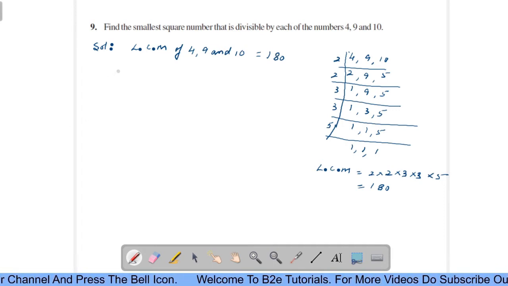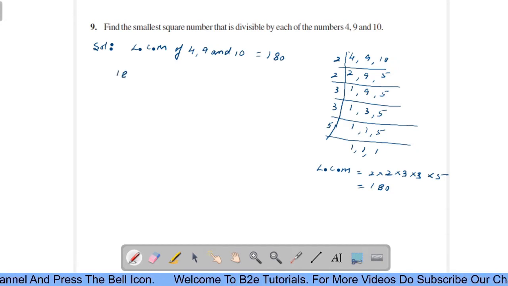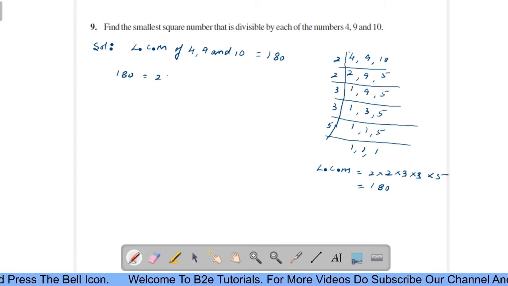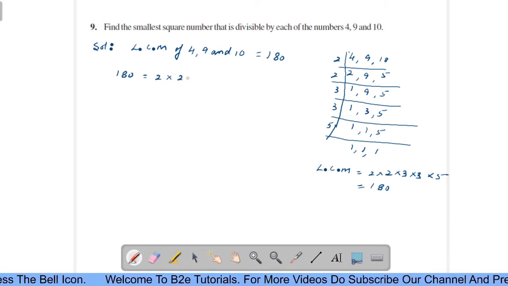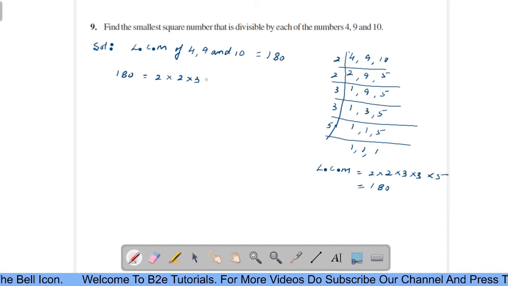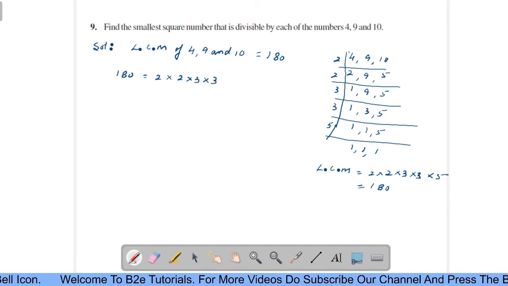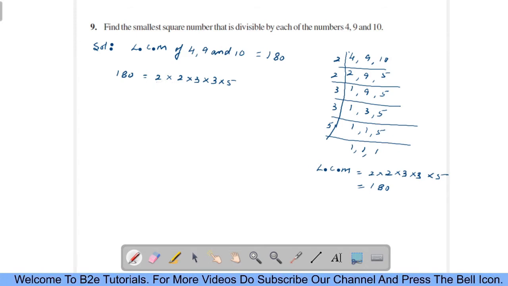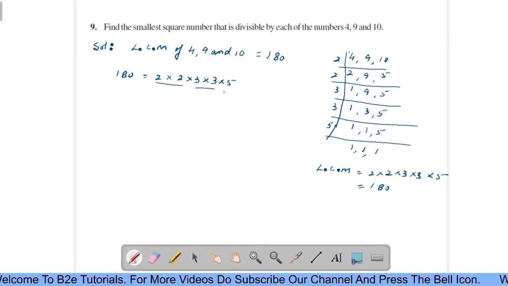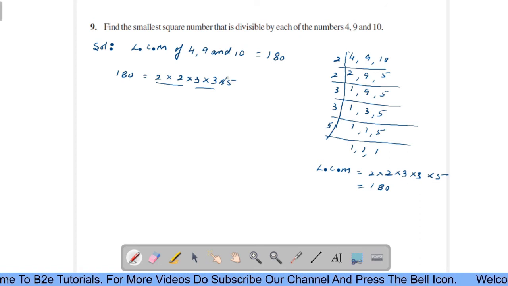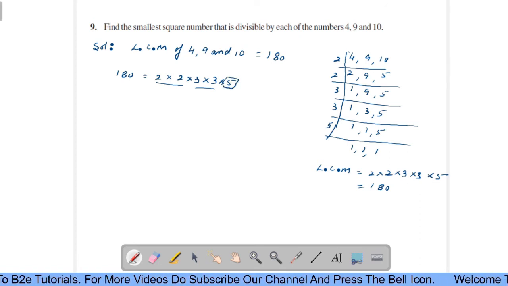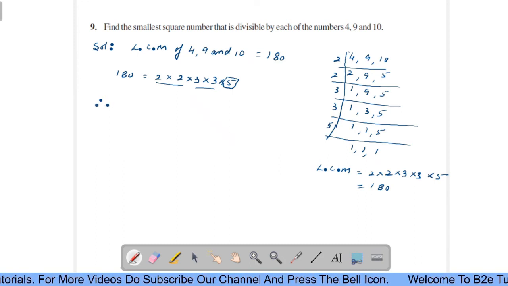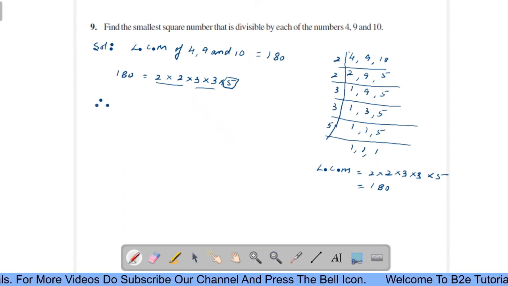Here 180 can be written as 2 into 2 into 3 into 3 into 5. Here make pairs of 2. Here we are unable to make a pair of this 5. Therefore it is not a perfect square number.